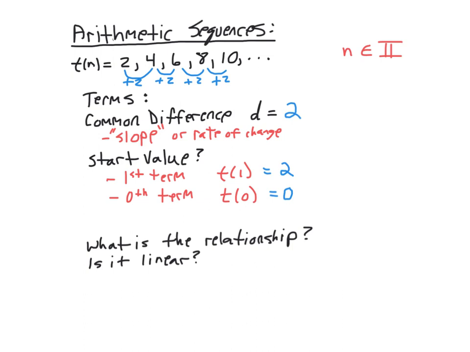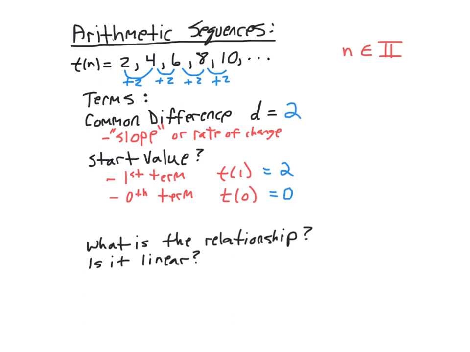It is linear. We're looking at a linear relationship with a couple differences from what we've looked at first semester. One, the n, or counter, as I like to call it, which tells us which number the term is in the sequence, it's an integer. We're not going to plug in numbers that are fractions like t of 1/2 or something like that.